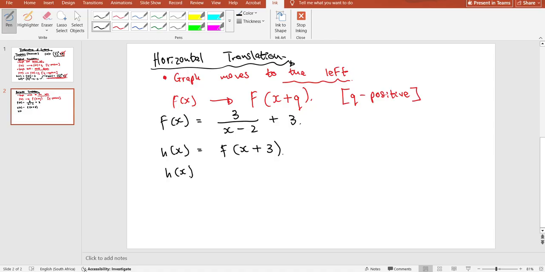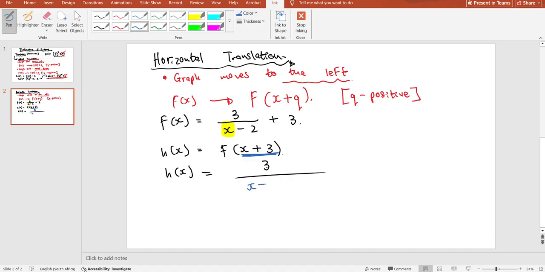My h of x will be equal to, I need to write the f of x, and then wherever my x is, do you see where the x is? Wherever the x is, I'm going to replace it with the x plus a 3. Another way to think about that is that wherever the x is, I'm going to add a 3 next to it.